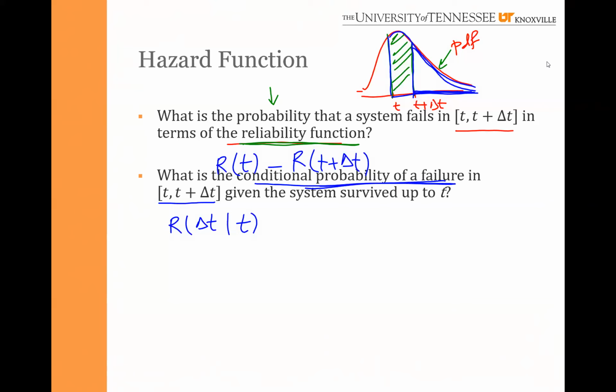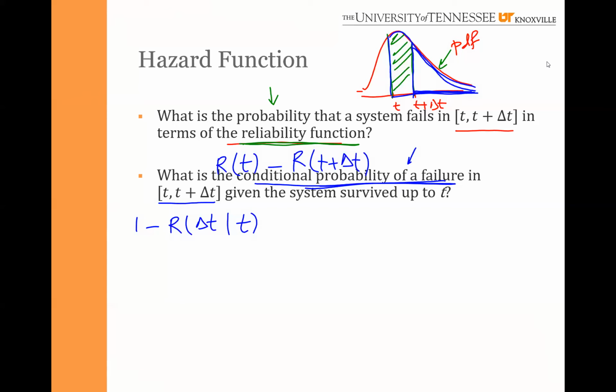So if I'm asking for conditional probability of failure, this will be 1 minus that. Does that make sense? So conditional probability of failure will be 1 minus conditional reliability, right?